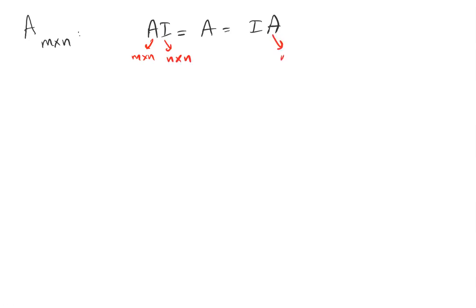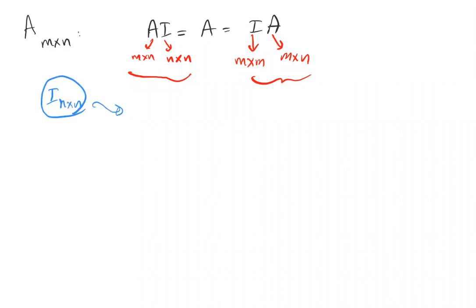In this case, A is m by n, so I should be m by m, so that these matrix multiplications can be performed. They should be feasible dimension-wise. So usually we don't write the dimension of I. Based on the context, wherever I is, its dimension is determined based on the matrix which is after it or before it.